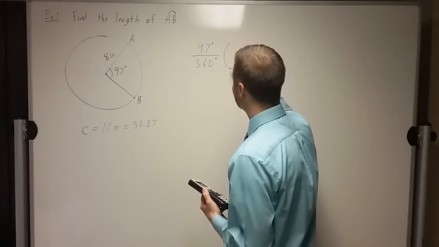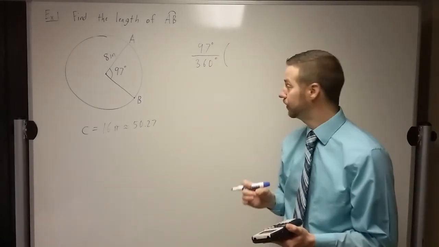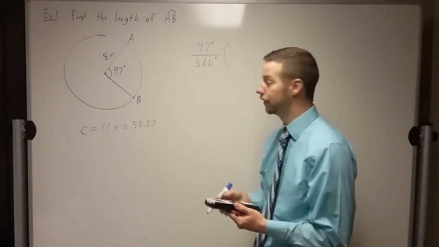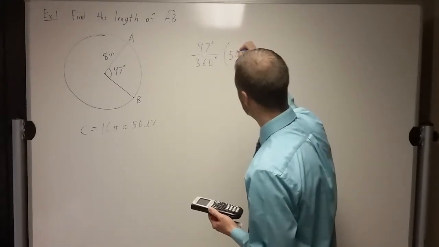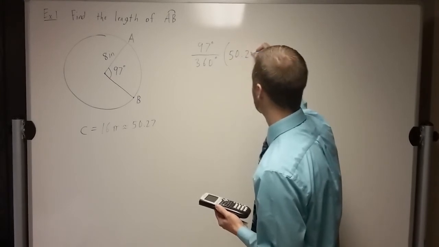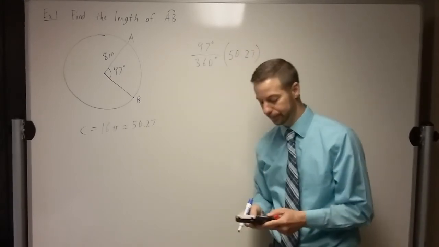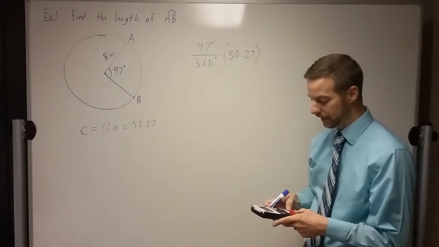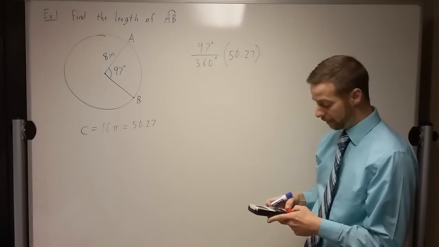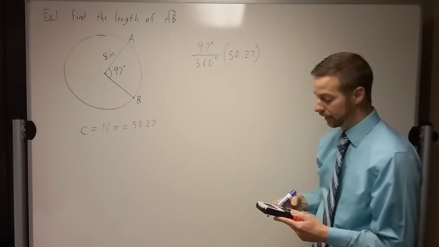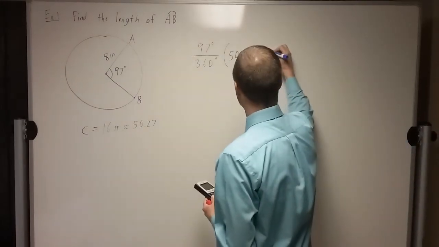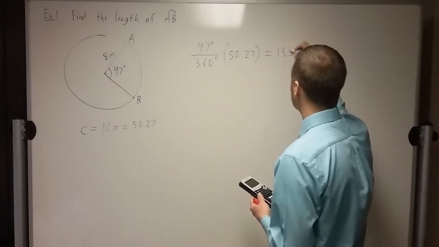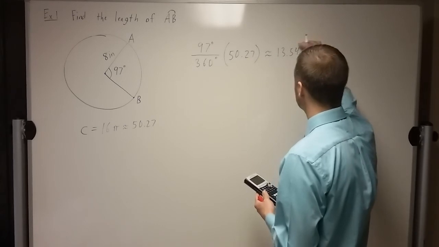So we want 97 360ths of the full circle, or 97 360ths of the circumference. And so I'm going to do 97 360ths of that 50.27. All right, so let's do 97 divided by 360 and multiply that by that 50.27 to see what we get. And so the length of that arc right there is about 13.54 inches.